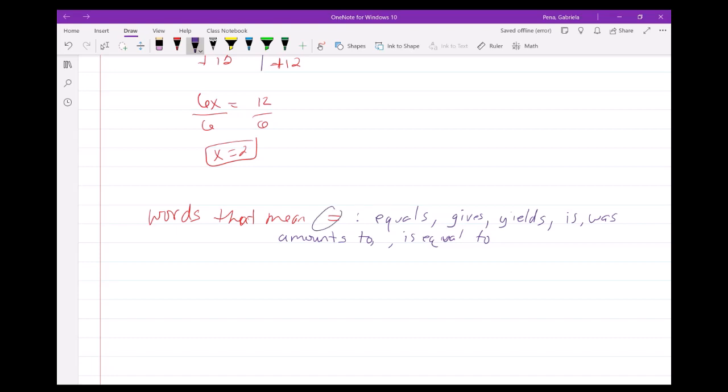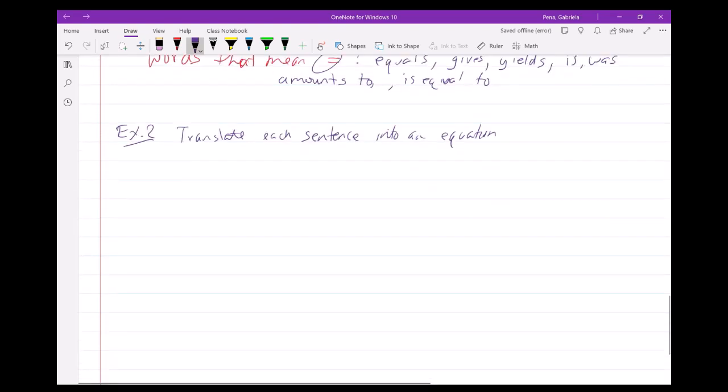So looking at example number 2, translate each sentence into an equation. So that's what we're going to do for example number 2.